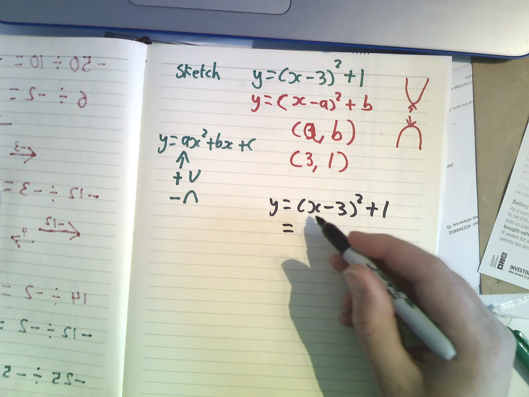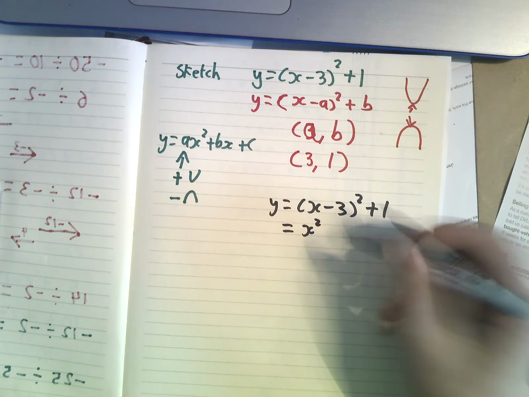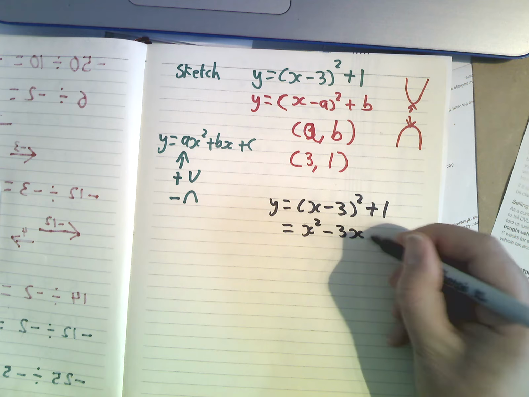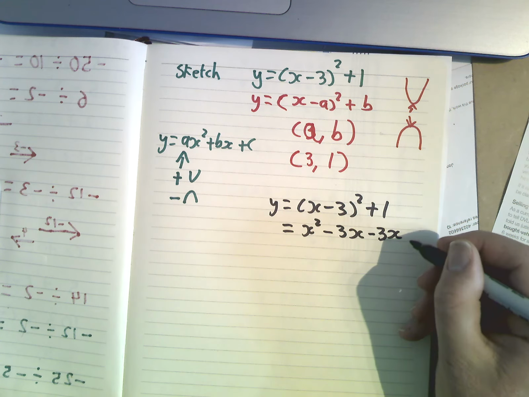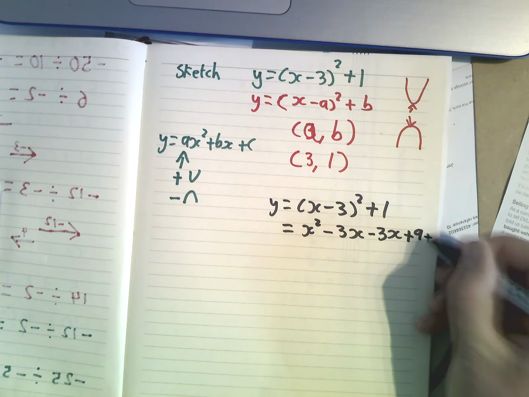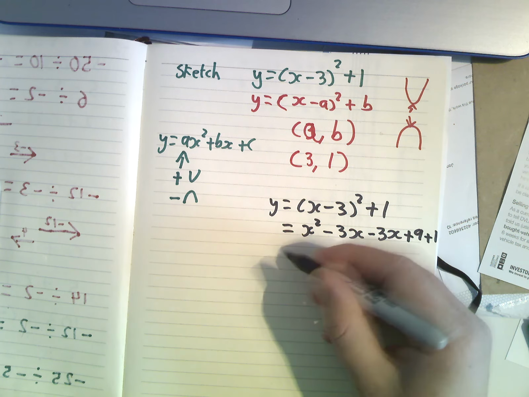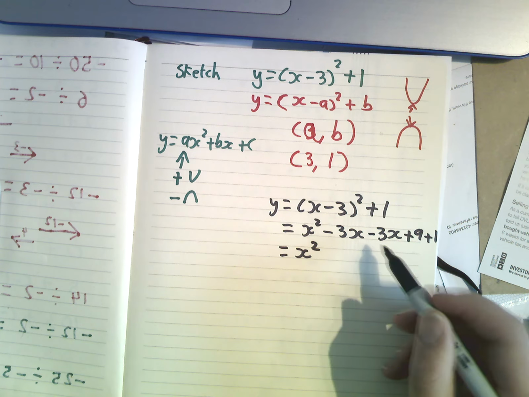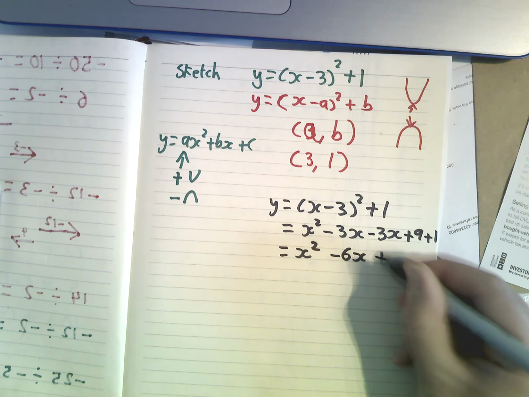Let's expand this bracket. x times x is x squared. x times minus 3 is minus 3x. Minus 3 times x is minus 3x. And minus 3 times minus 3 is positive 9. And then I've got plus 1. Okay, so I've expanded that bracket here, and then I've still got a plus 1 at the end. And then I can simplify that, of course. That's x squared, minus 3x take 3x is going to be minus 6x, and then obviously 9 plus 1 is going to be 10.